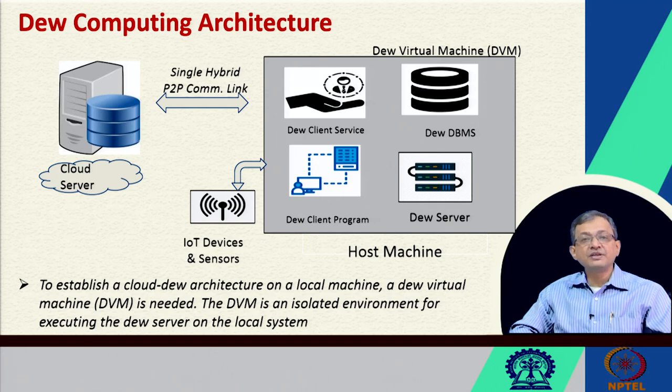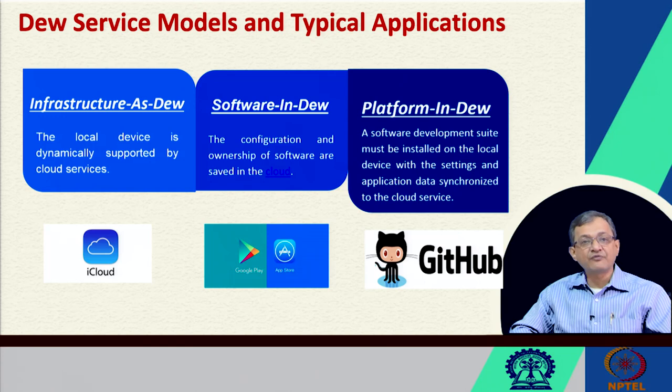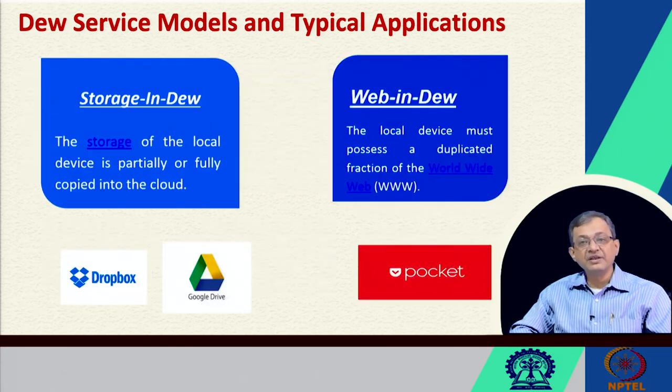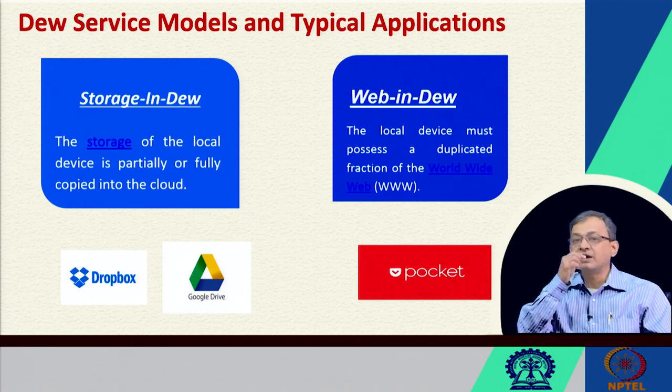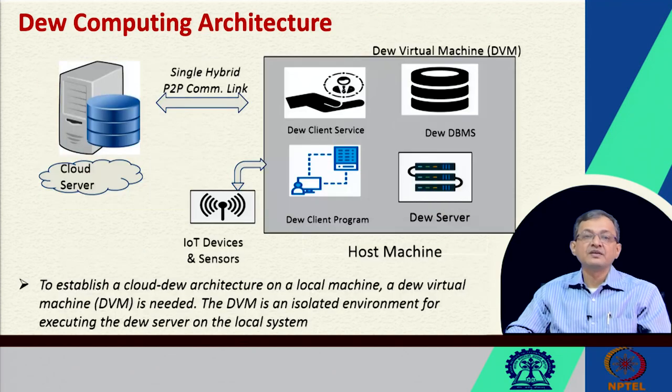So, considering this, I have several services like storage, platform, software, infrastructure, along with web in Dew, or you can have your own other types of applications which can be realized on the Dew platform.